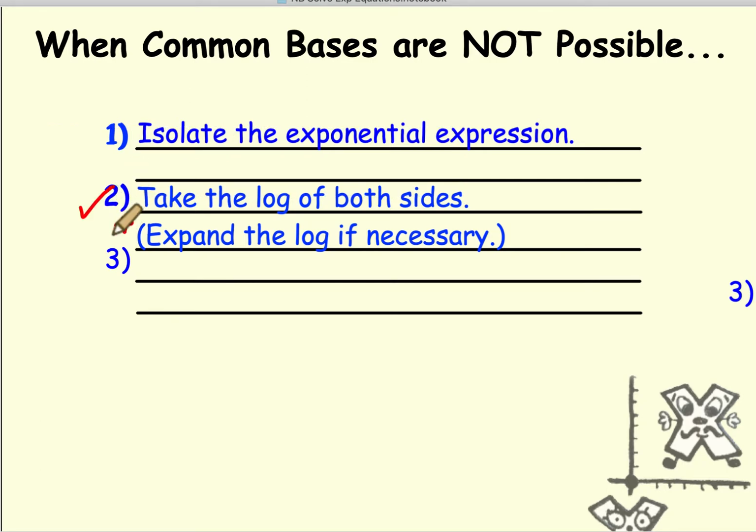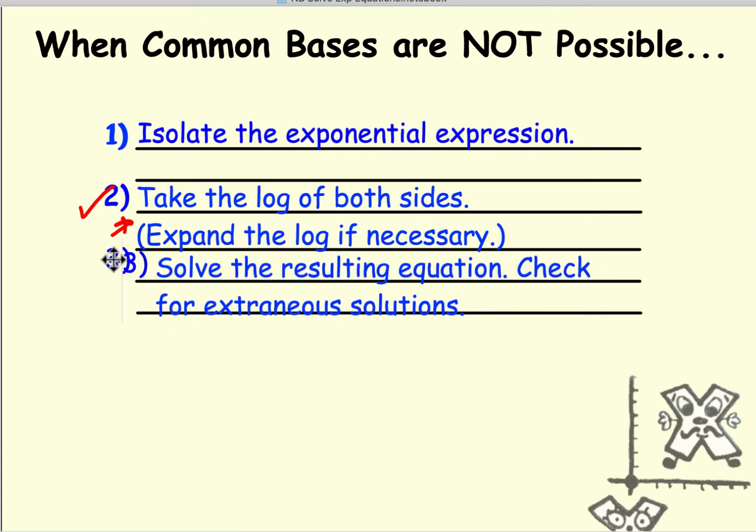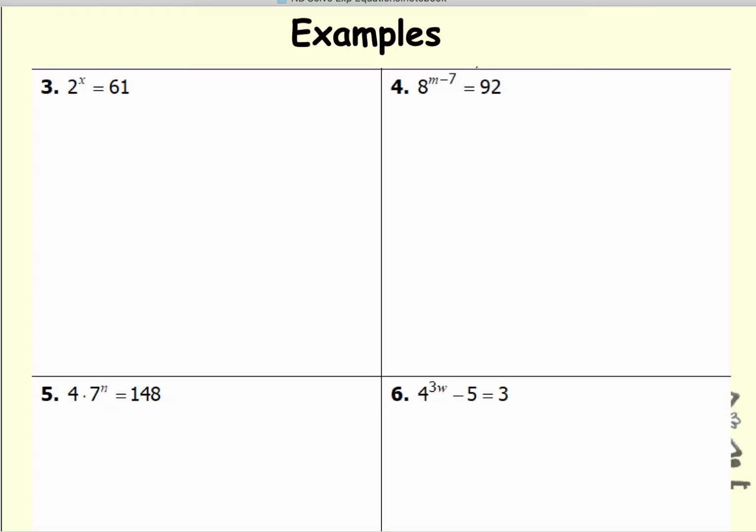And here's a little catch. Sometimes I may have to use my properties to expand the logarithm, and we'll see some examples of why we may have to do that. Then, just like we did with logarithmic equations, we solve the resulting equation, checking for extraneous solutions.